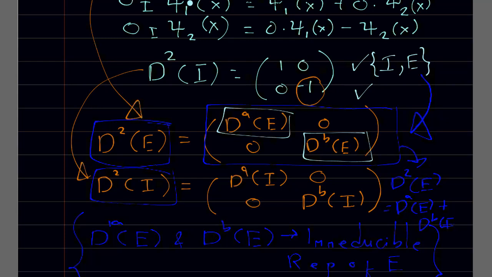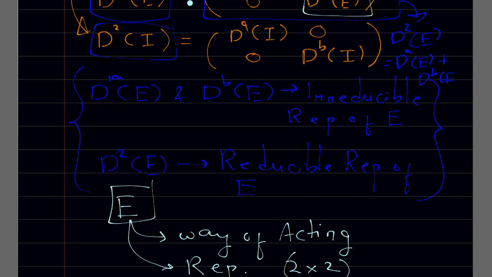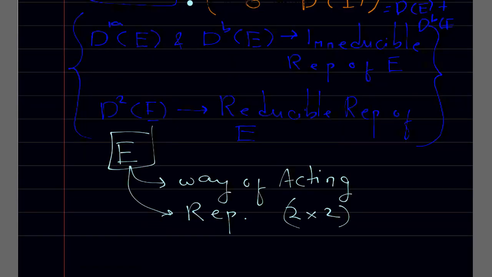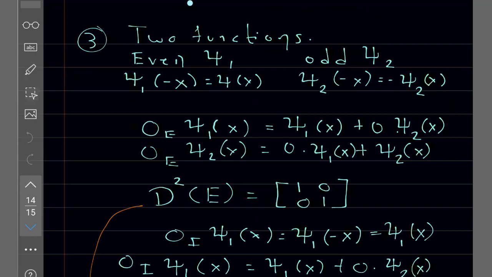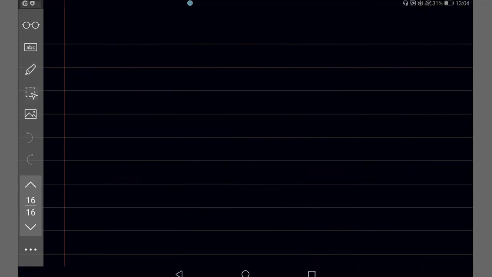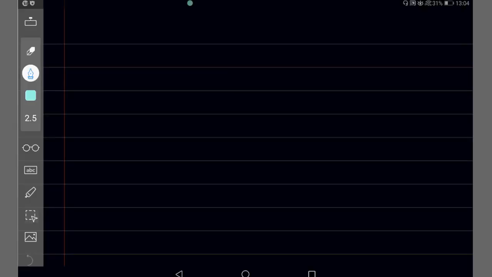Okay, now I need to prove that the matrix elements form the same operation like the group elements, which is very crucial to check. How do I do it? I do it in the following way. Let me use green.